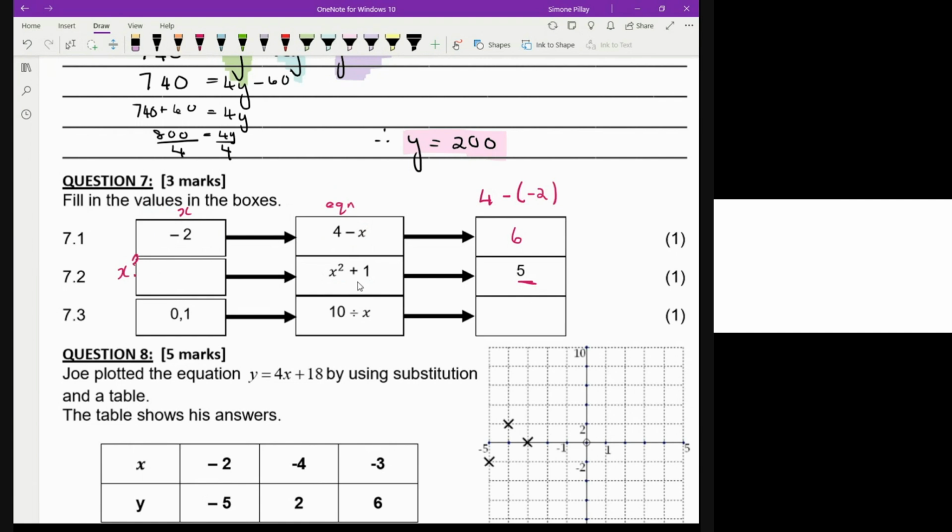So what I can do is I can say, well, x squared plus 1 is equal to 5. And now I'm simply solving this equation for x. That's going to be x squared is equal to 4. Square root both sides. And then x is equal to 2.